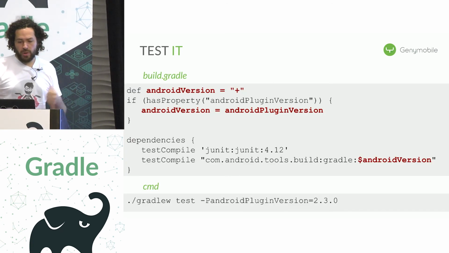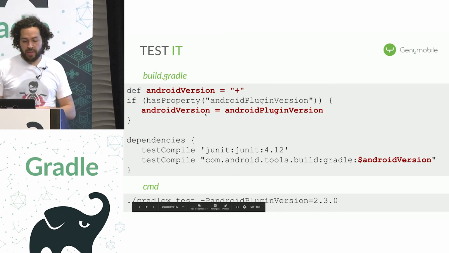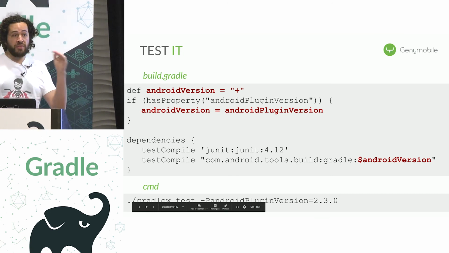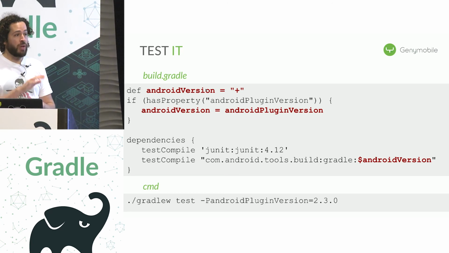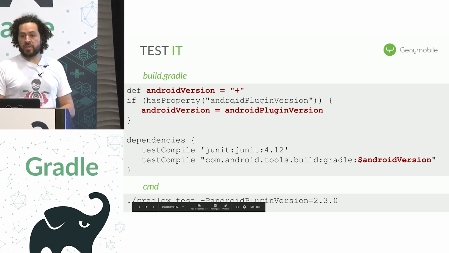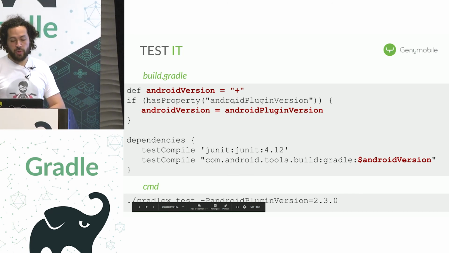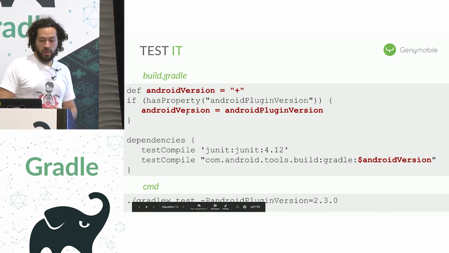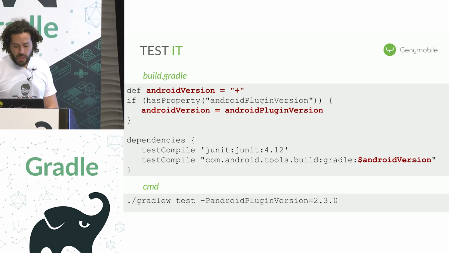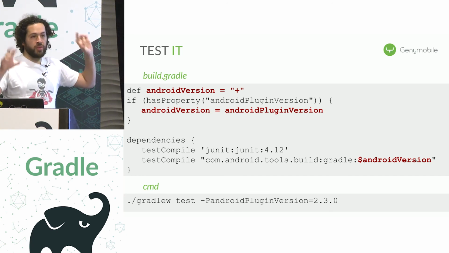So in our build.gradle, we set our default Android version. We deliberately set this default value to plus, so we have the latest version of the Android plugin. And if the user sets the Android plugin version from outside, we just change the default value. And on testCompile, we inject the Android version dynamically.